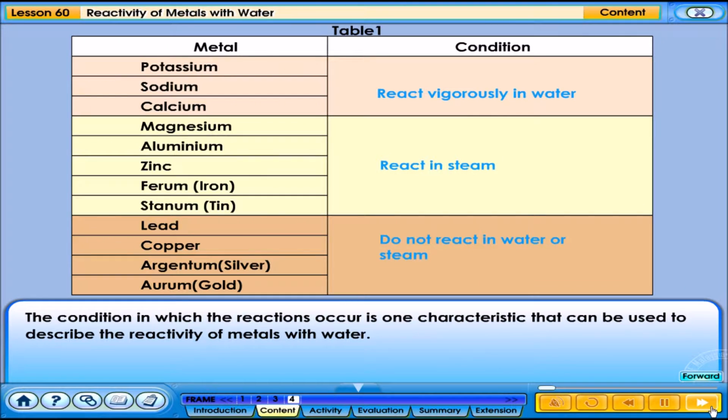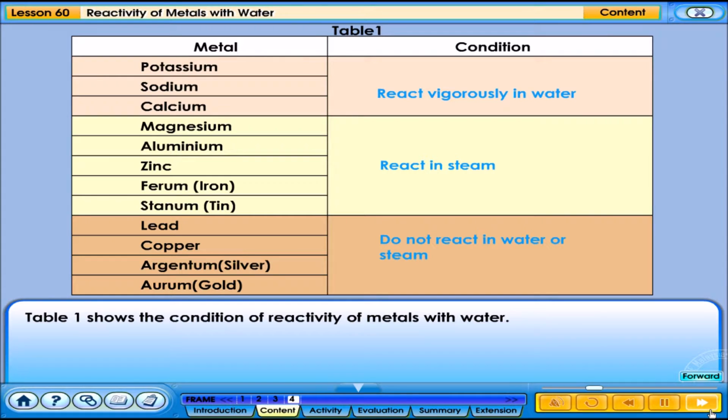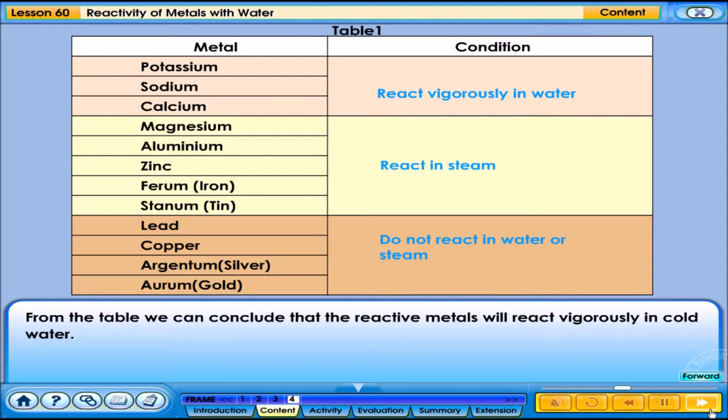The condition in which the reactions occur is one characteristic that can be used to describe the reactivity of metals with water. Table 1 shows the condition of reactivity of metals with water. From the table, we can conclude that the reactive metals will react vigorously in cold water.